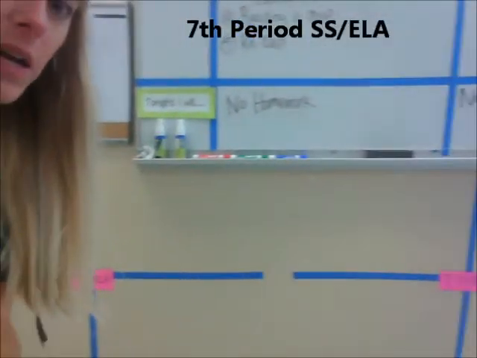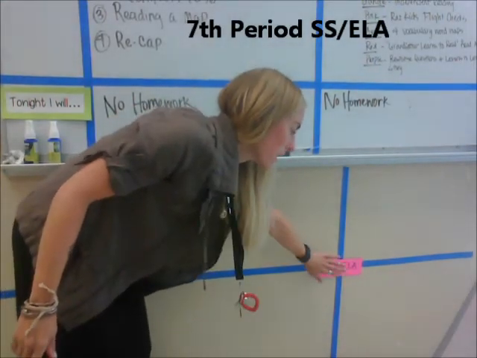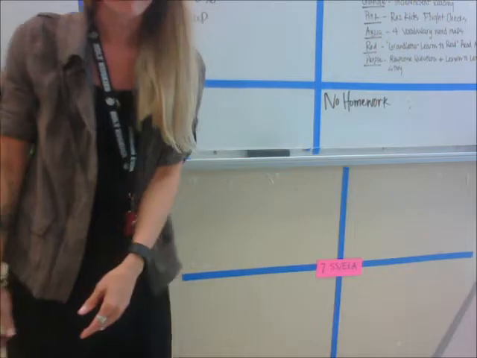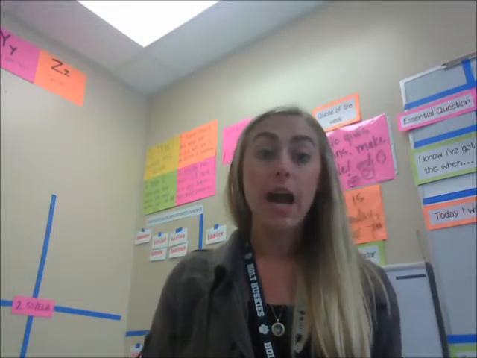And if you are in my seventh period SSCLA, you are going to use my seventh period SSCLA word waffle down below our objective board. So please make sure that you are looking at the right SSCLA word waffle. This time, our words are the same, but there are going to be times where our words are very, very different. So you want to make sure that you are looking at the right word waffle for your class.